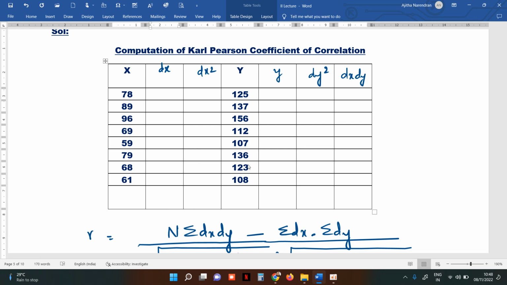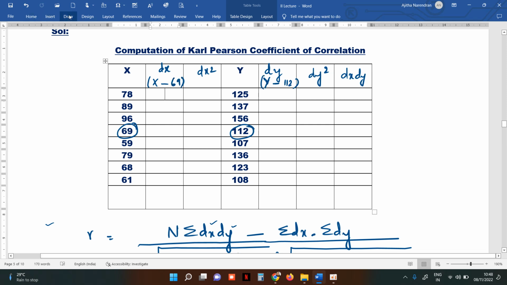So now we are going to find out dx. Here it will be dy. The formula which we have seen in the direct method is the same. In place of x we are using dx, in place of y we are using dy. That's all. So what will be the formula here? It will be x minus 69, here capital Y minus 112. This is the formula.